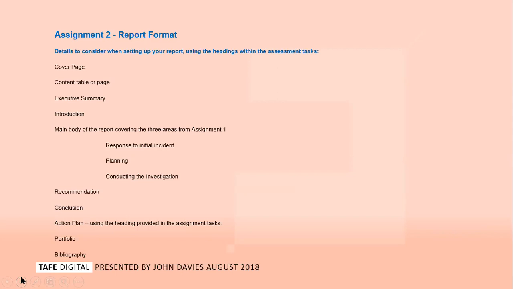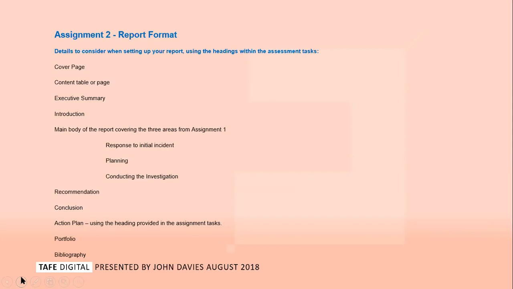The introduction gives a description of the workplace, the environment, the background to the incident, and a description of the range of resources used, and provide, attached to your report, interviews, statements, photographs, and sketches.